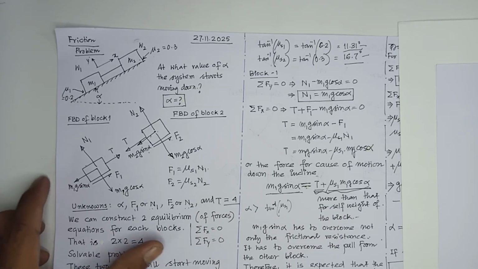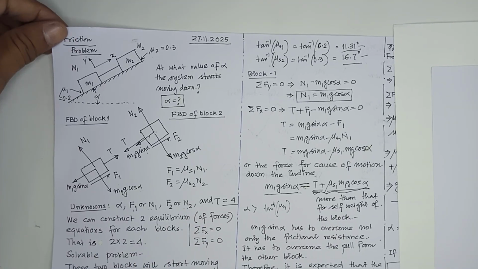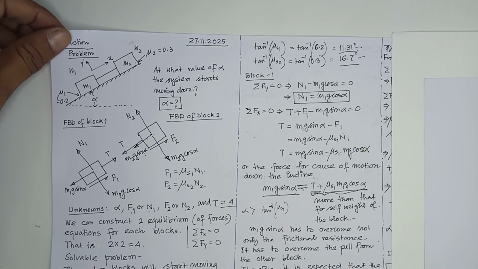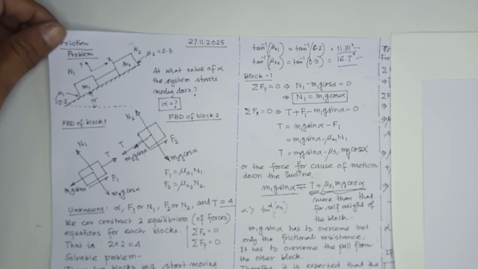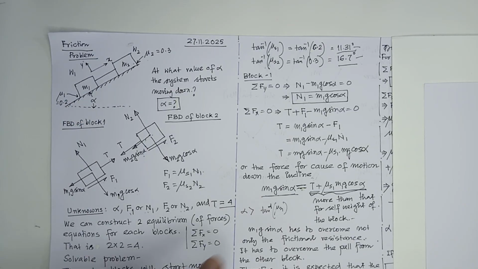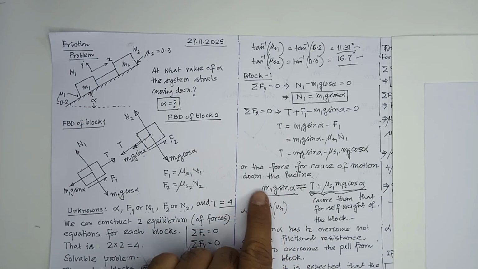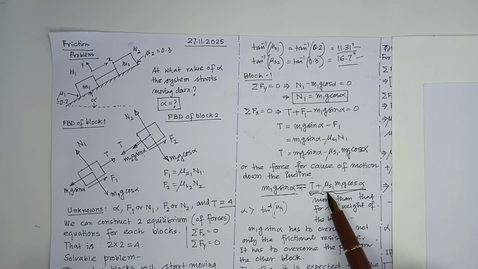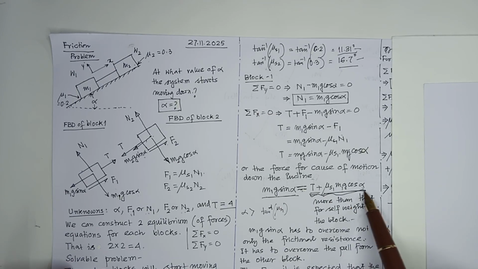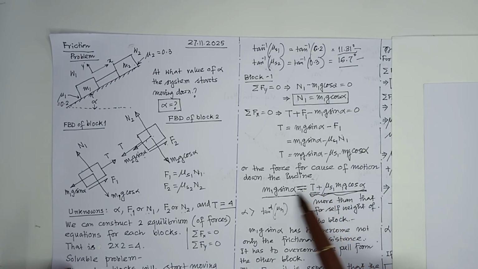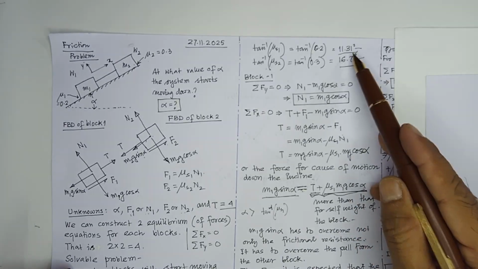Okay, if you do not understand, then please listen from the beginning of this part, and I think it will be easy to understand. Just follow these equations, that is m1g sin alpha is equal to t plus this. So initially it has to overcome only this for a single block, but for a double block you have this extra part, so alpha should be more than 11.31 degrees.